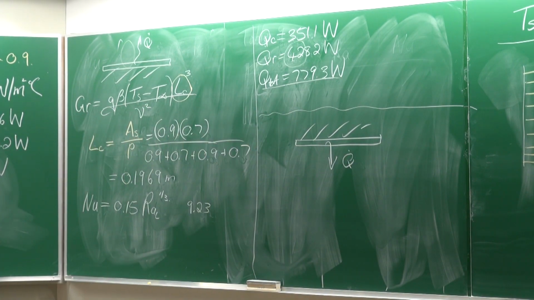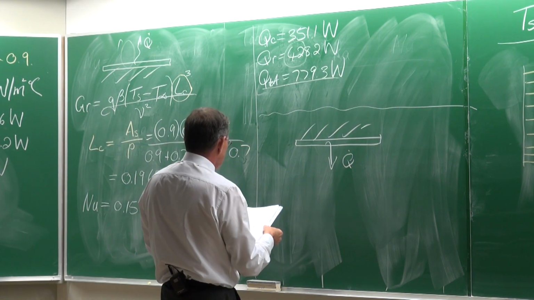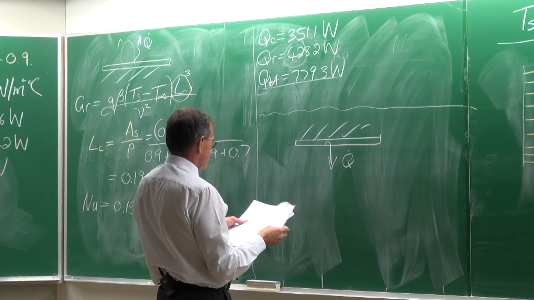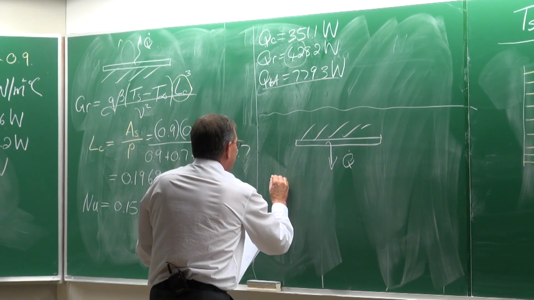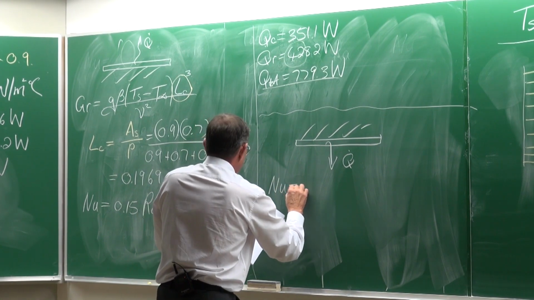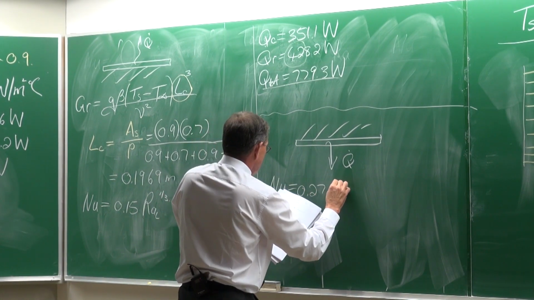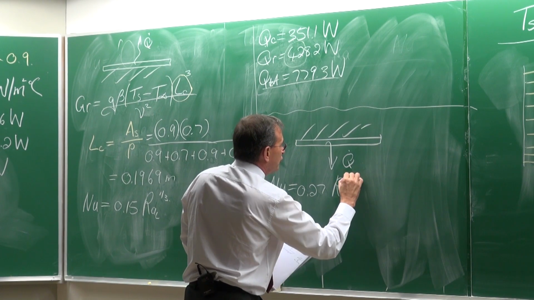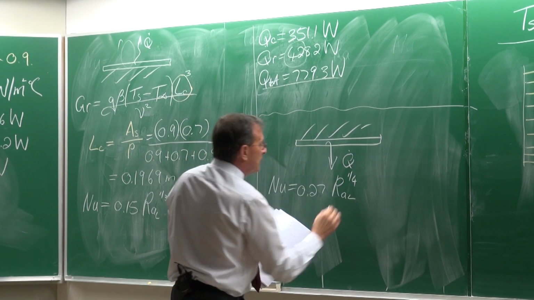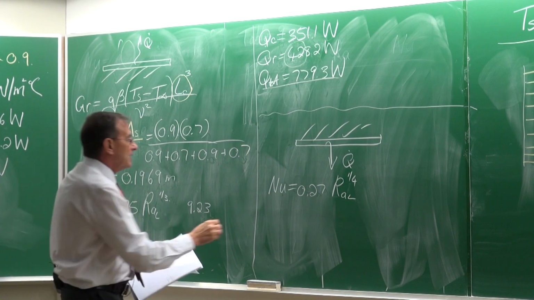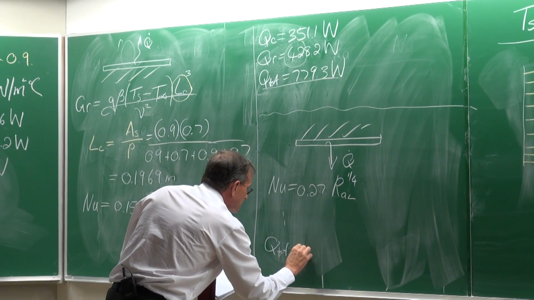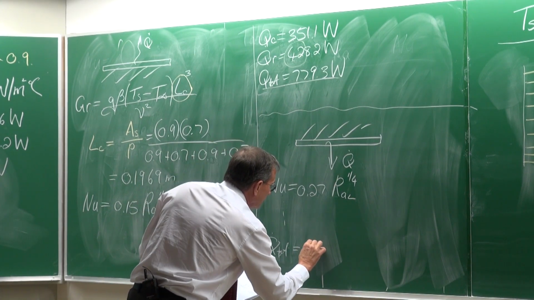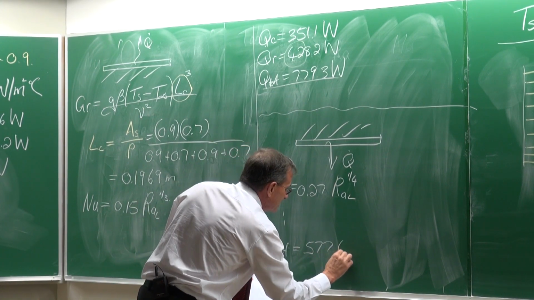The characteristic length calculation is exactly the same, but now we have to use the equation: the Nusselt number is equal to 0.27 Ra to the fourth, based on the characteristic length, and you can go and do all the calculations and check and see that the total heat transfer rate is now going to be 577.6 watts.